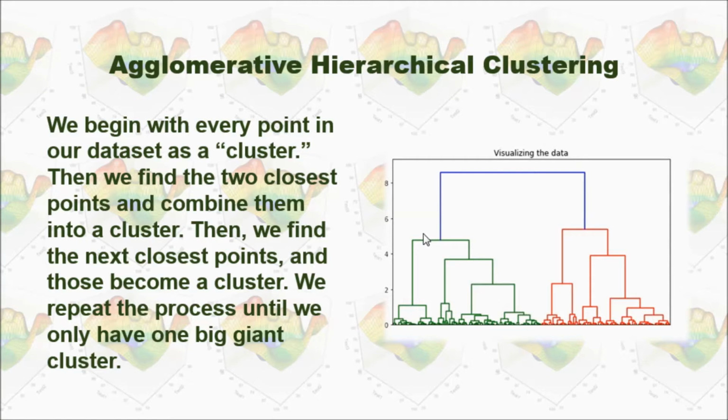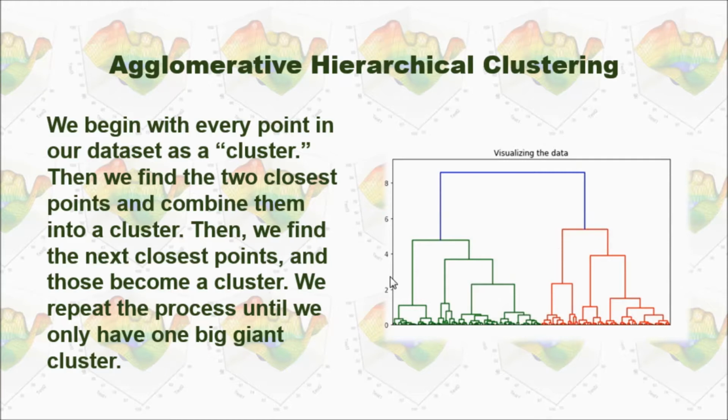When we do the grouping, we don't know how many groups or how many clusters we should have. For example, if we stop here, we are going to have two groups. But if we stop here, for example, at 5, we are going to have 3 groups.